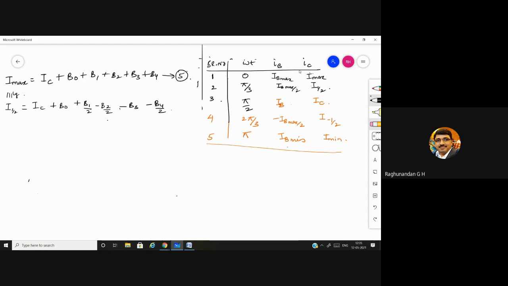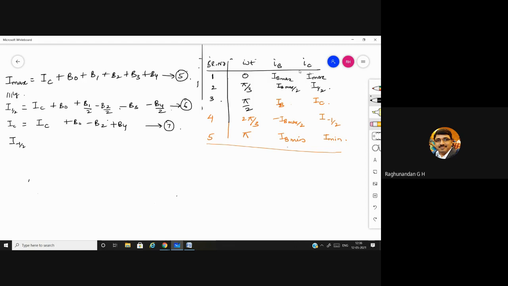This 1 by 2 and all, it depends upon the cos value. So now take this as equation number 6. Next is IC, that is equal to IC plus B0 minus B2 plus B4. This is equation number 7.